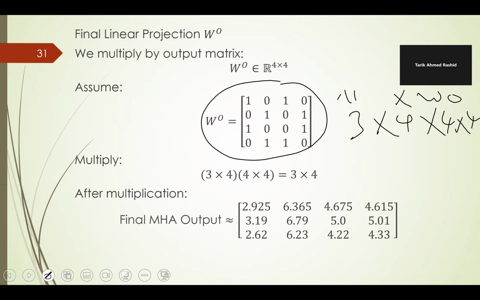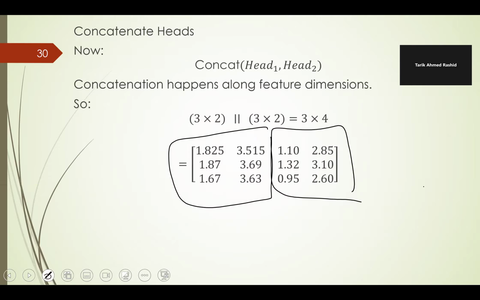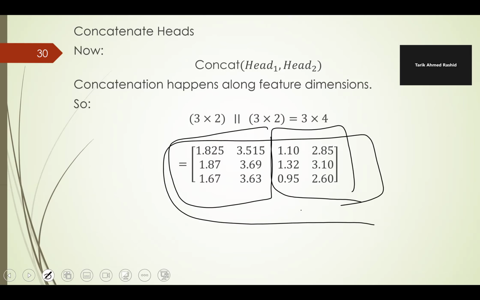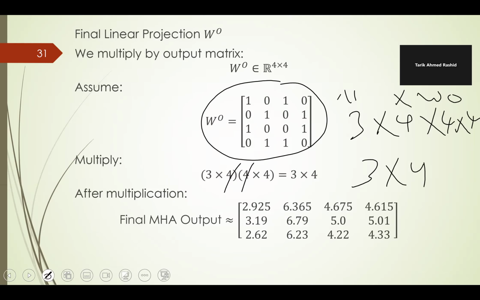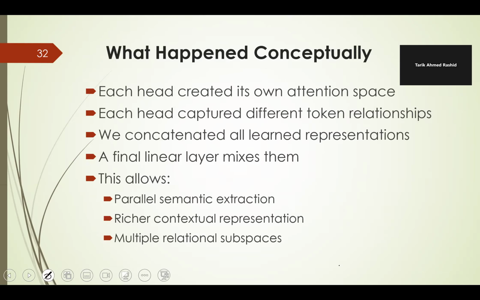The inner matrices match, so you should have a 3 by 4 matrix. So at the end, WO multiplied by the concatenated heads, we should get this result. That's the final multi-head attention output, and this will be used for the next step or process.